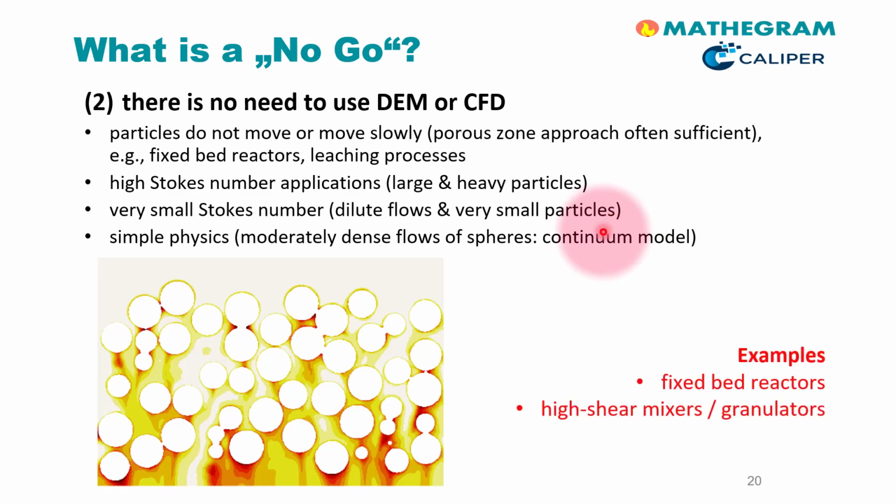Examples that underline this set of no-goes include the already mentioned fixed bed reactors, as well as fast granular flows in high shear mixers or granulators. That was it already for this part of our unit on CFD-DEM coupling. I hope you liked it.